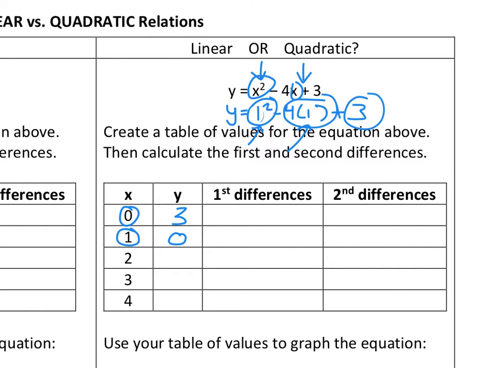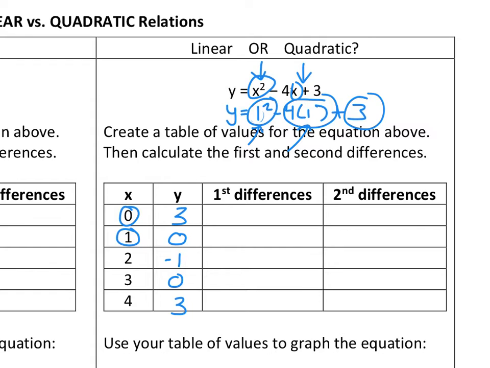Then we'll try the next one, 2. 2 squared minus 4 times 2 plus 3 is -1. Keep going. 3 squared minus 4 times 3 plus 3 is 0. 4 squared minus 4 times 4 plus 3 is 3.